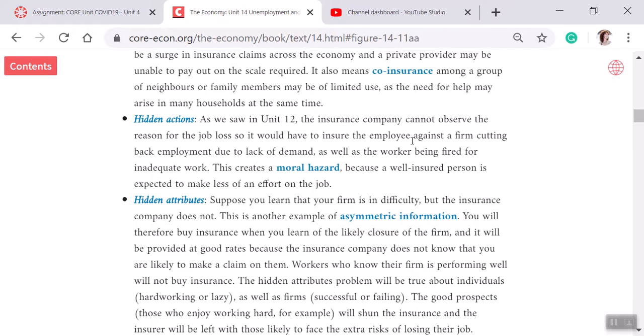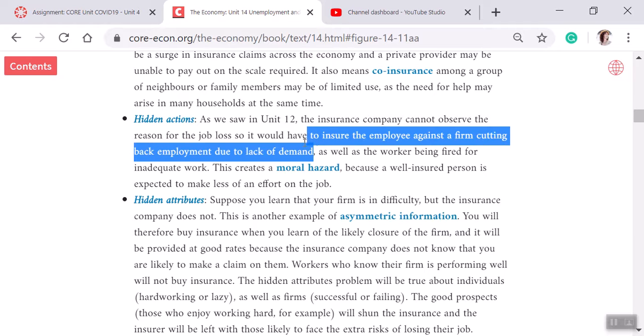And we also have hidden actions. Okay, so an insurance company cannot observe the reason for the job loss, so it would have to insure the employee against a firm cutting back employment due to lack of demand, right? So they're not really there watching every single job, knowing exactly what's going on, but they know what's happening in the economy, okay?